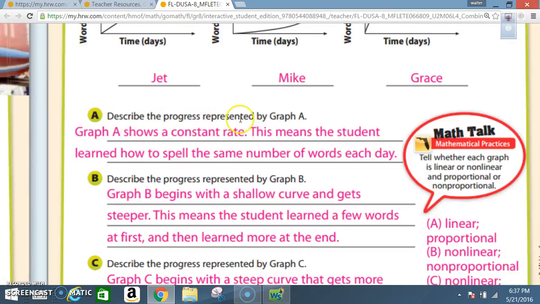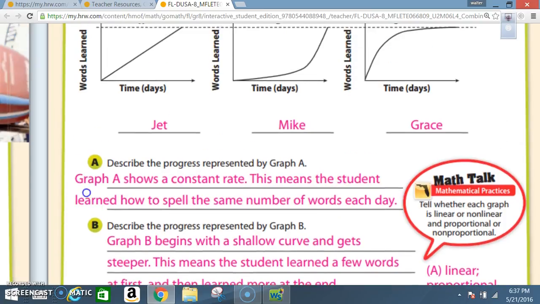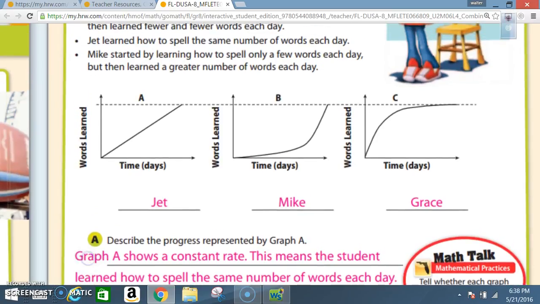Describe the progress represented by graph A. I've pretty much covered this already, but let's go through it again. Graph A shows a constant rate. This means the student learned how to spell the same number of words each day. That would be a constant each day, and it's increasing.